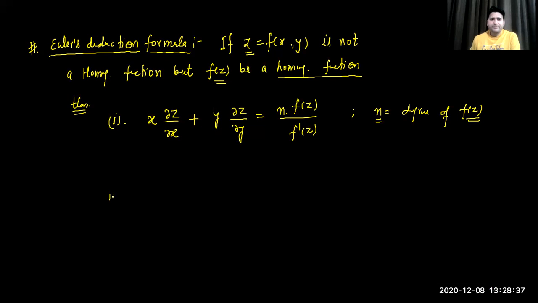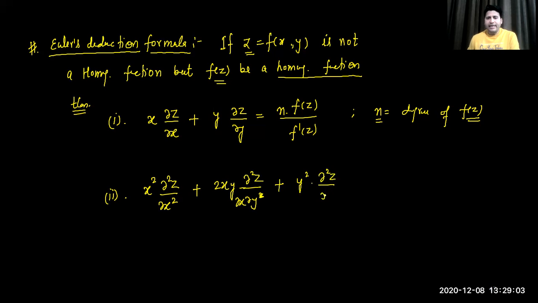The second one says that x square del 2z over del x square plus 2xy del 2z over del x del y, sorry, plus y square into del 2z over del y square is equal to g(z) into g dash (z) minus 1.